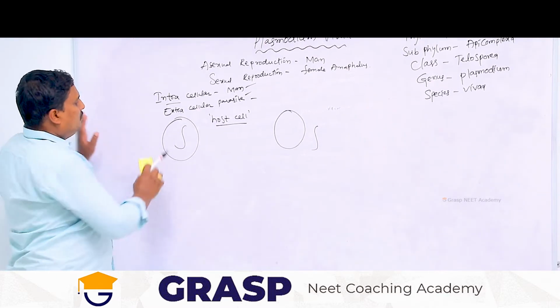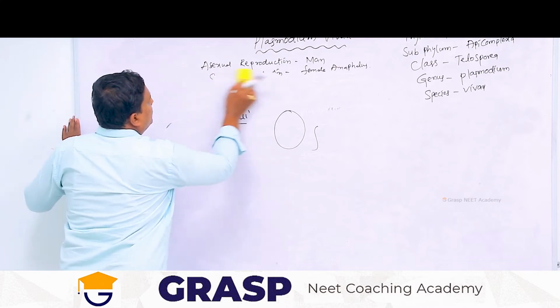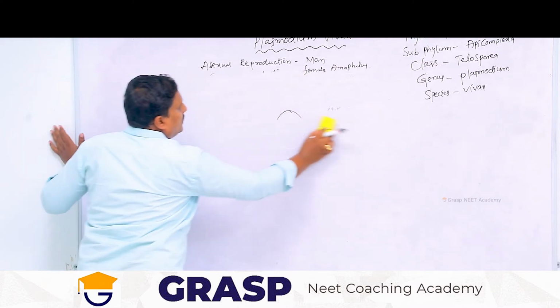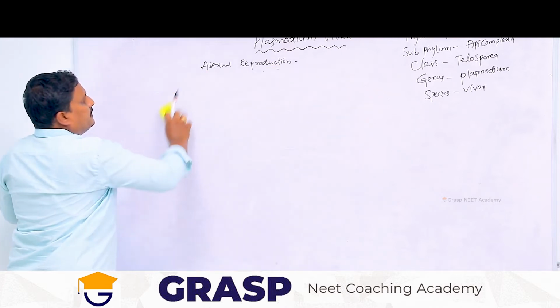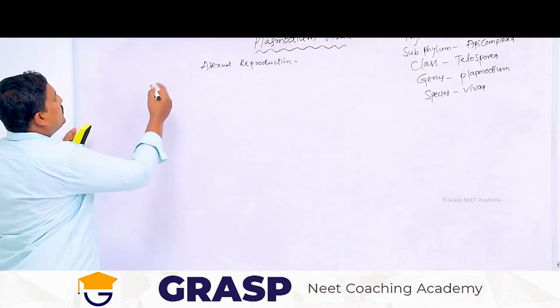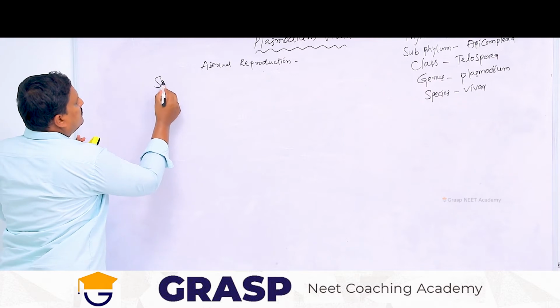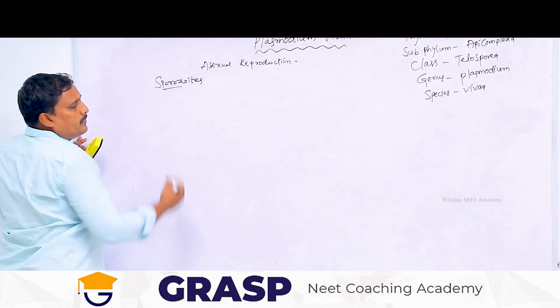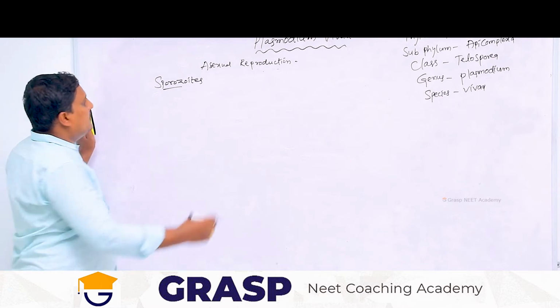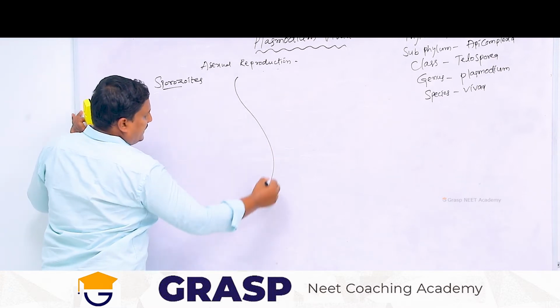Now I am going to explain the asexual reproduction of Plasmodium vivax in man. The sporozoites are the infective stages of Plasmodium vivax. They are sickle-shaped structures.